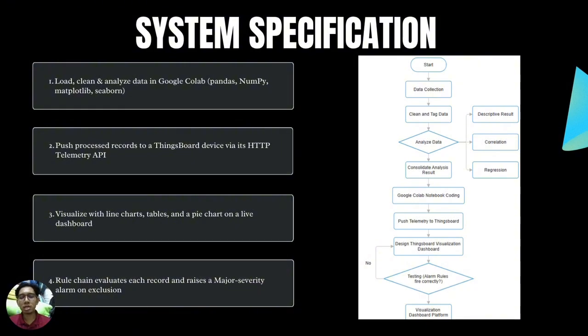Once the analysis is done, each processed record is pushed to a ThingsBoard device using the HTTP telemetry API, essentially simulating what a real IoT sensor would do by sending live readings. So from here we can see the flowchart of how our system works from start to end.